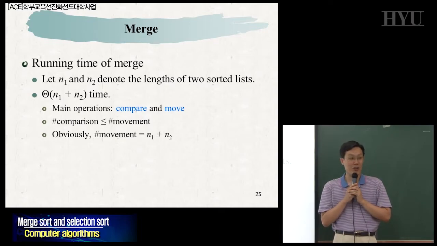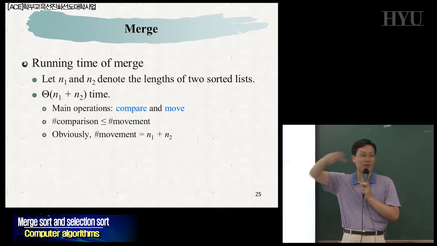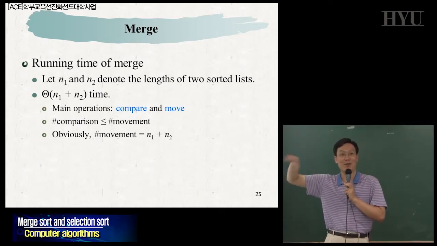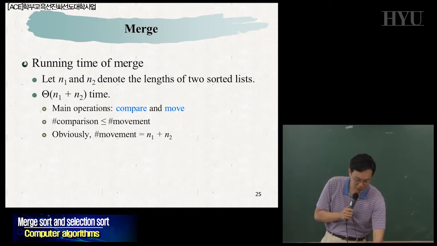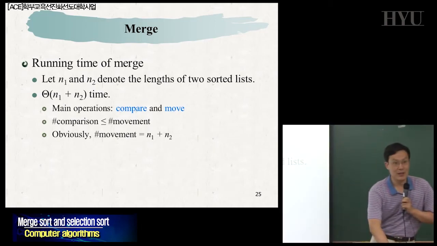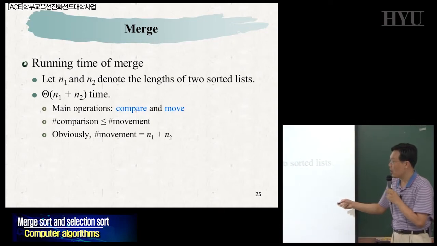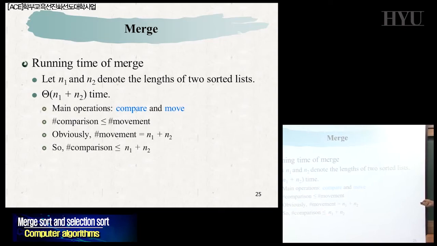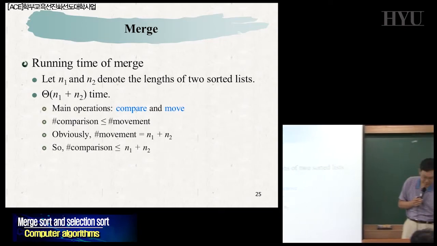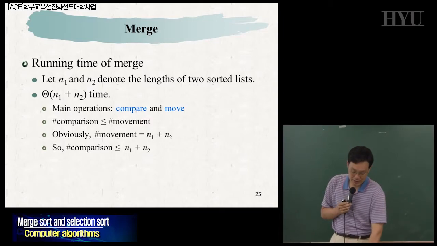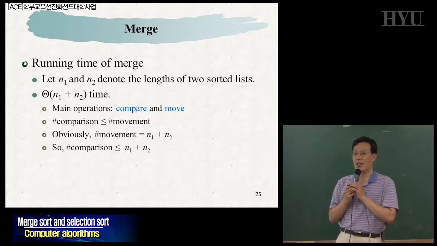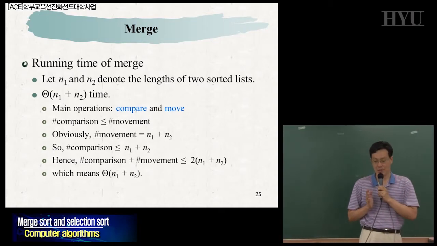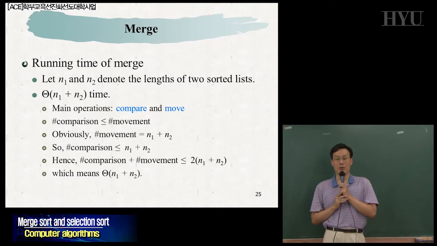It's quite straightforward because we have to move every key from the input list to the output list. And because of this inequality, we can get this one. Finally, the running time of merge is theta of n1 plus n2.